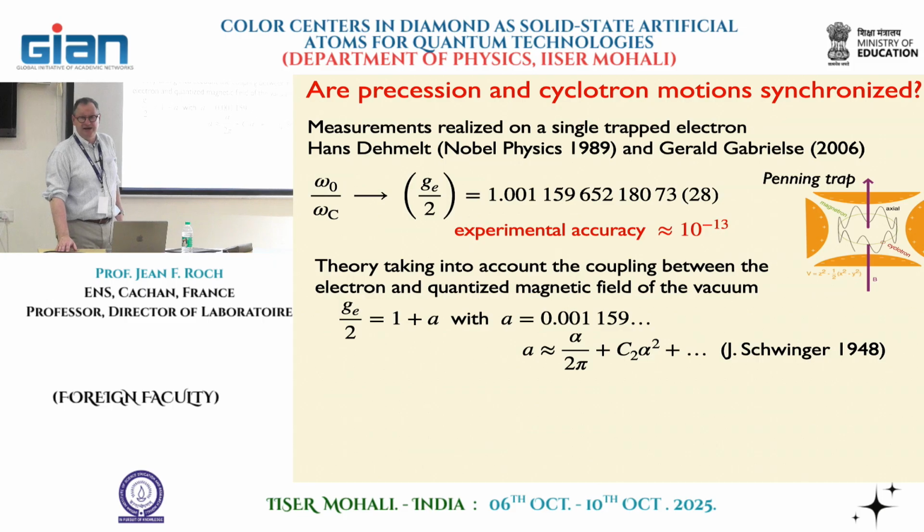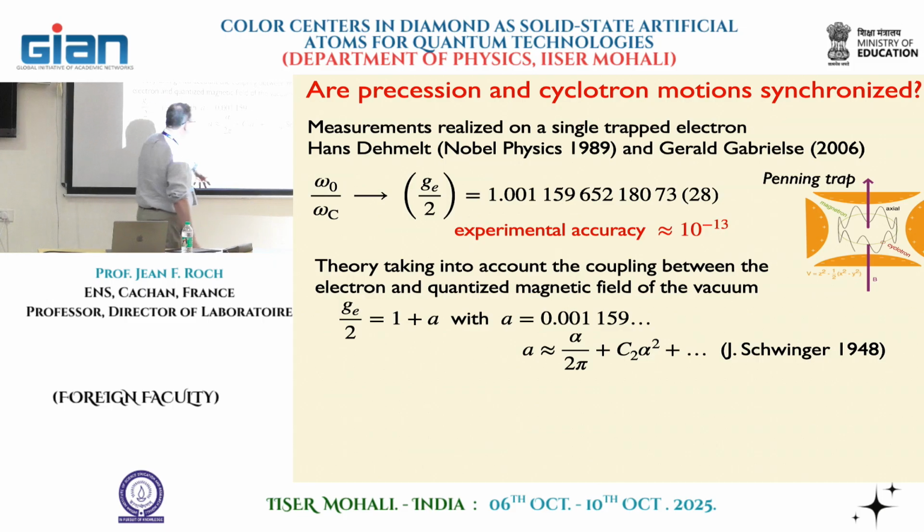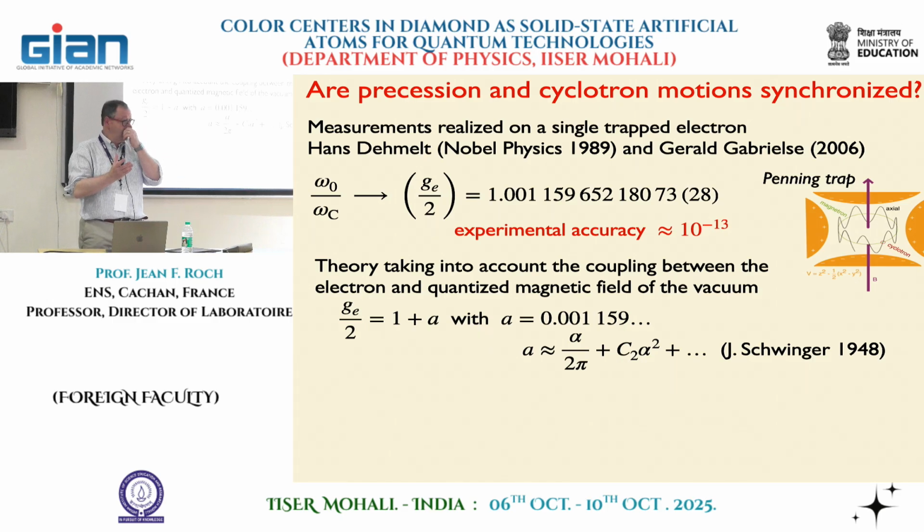The first who did the calculation was Schwinger, and using some very sophisticated calculation, he could explain that the difference of the J value, the fact that J over 2 is not exactly 1 for the electron, has to take into account the interaction of the electron with the quantized electromagnetic field around it, and this is vacuum, but vacuum, as you know, in quantum mechanics, has fluctuations.